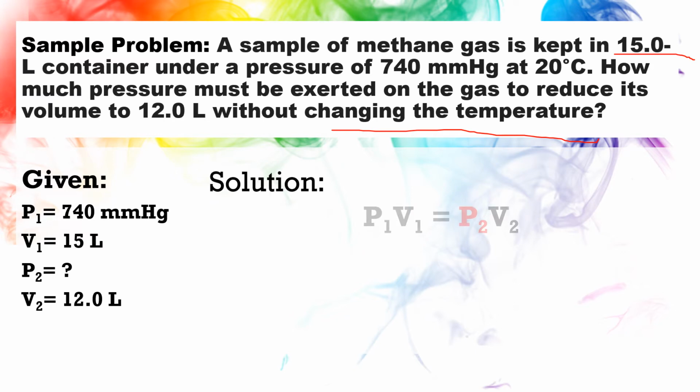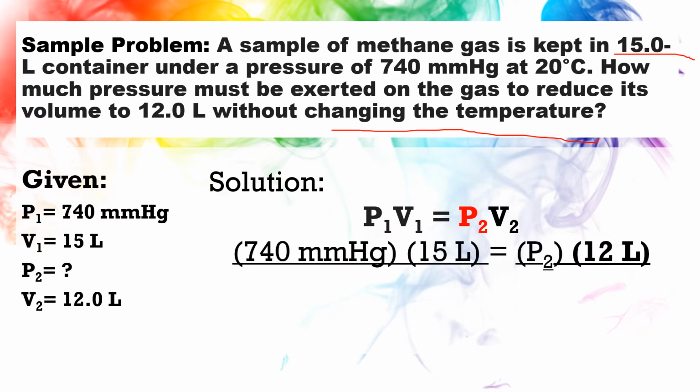So using now the formula, P1V1 is equal to P2V2. P2 is the unknown. We plug in the given values. P1 is 740 millimeters mercury times V1, which is 15 liters, is equal to the unknown times 12 liters, the final volume. To solve for P2, we need to divide both sides by 12 liters.